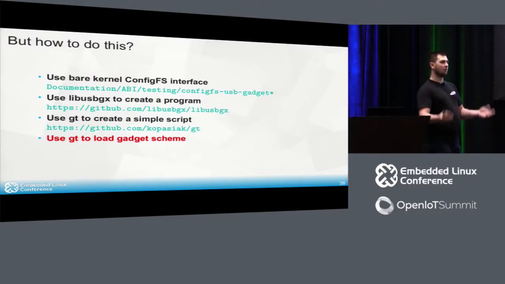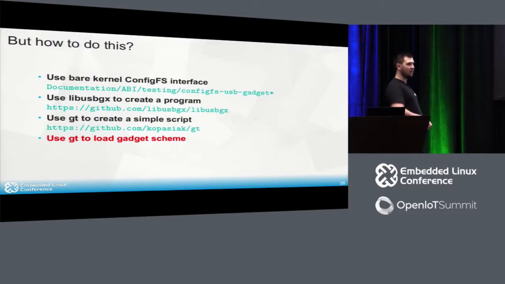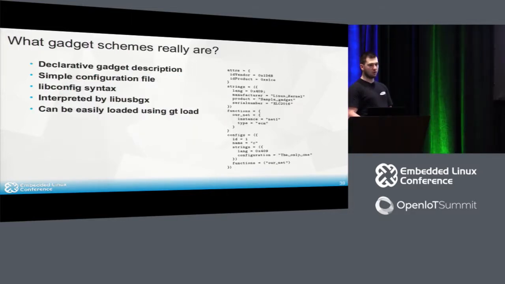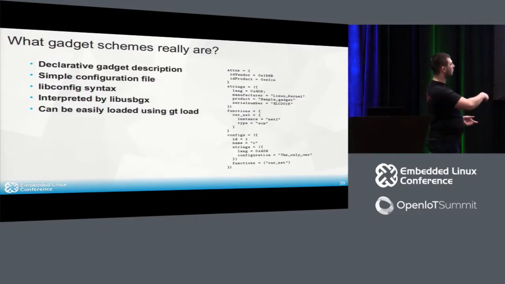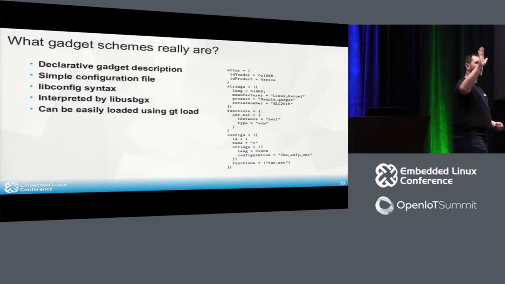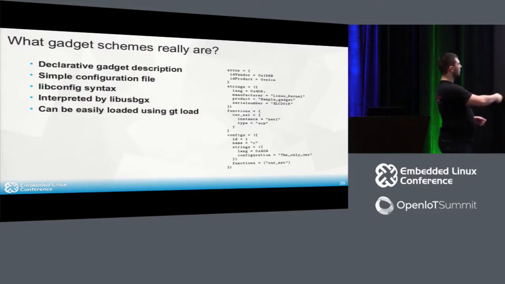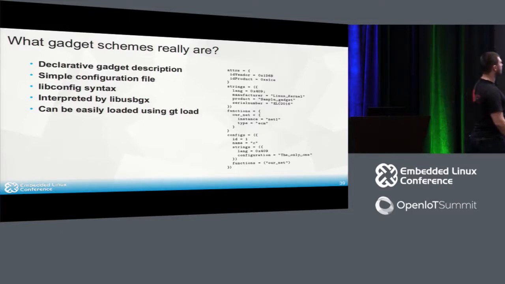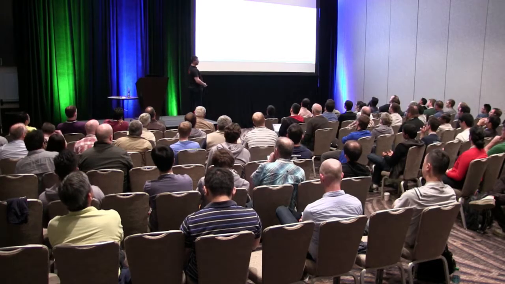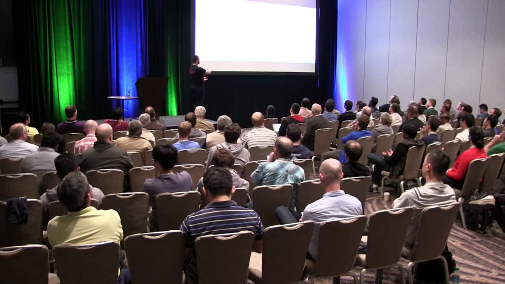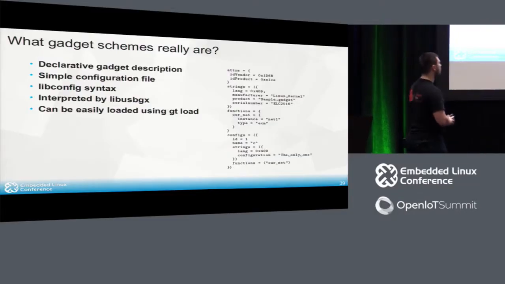So let's simplify this. Let's go to the declarative description of our gadget. This is what gadget schemes really are. They are simple configuration files which allow you to declare, OK, I would like to get such a device now. This file has a libconfig syntax. It's an example of the gadget scheme. It simply declares the attributes, so the general attributes of the USB device, the ID vendor, product, and the values from the device descriptor, strings, the language is US English, functions.